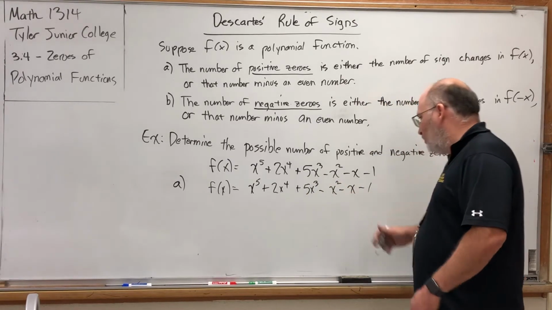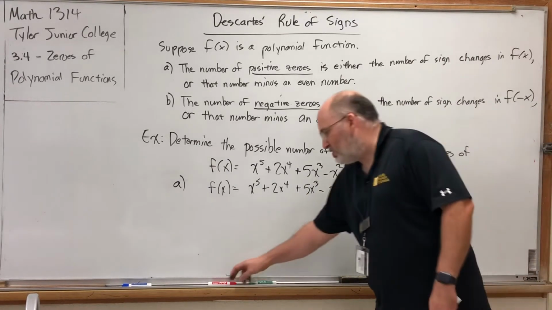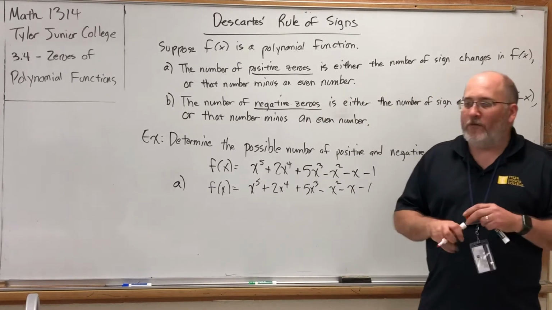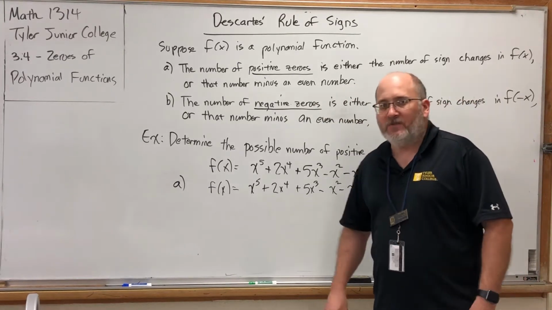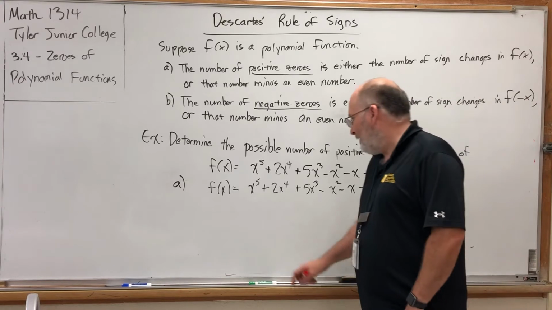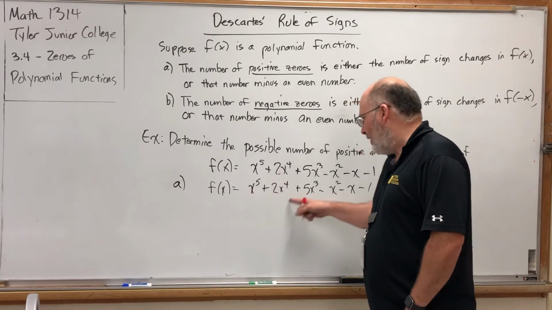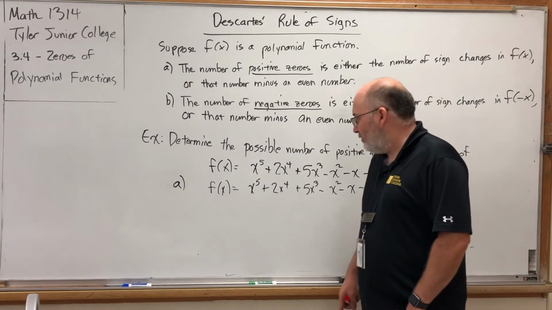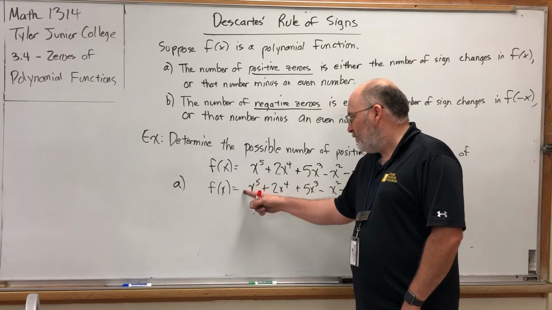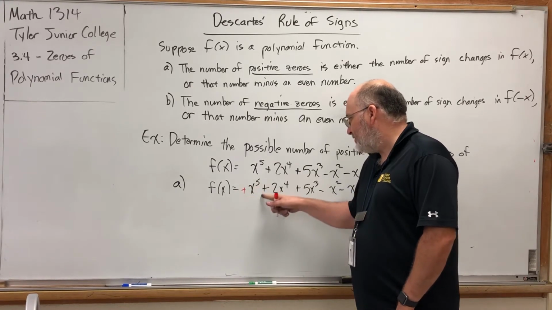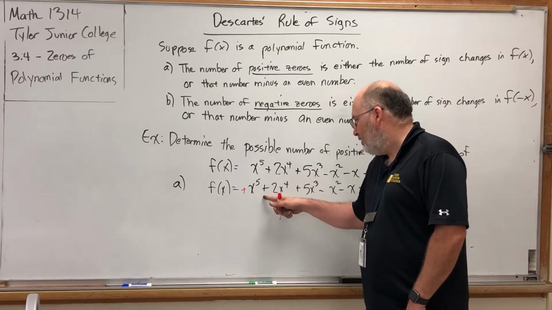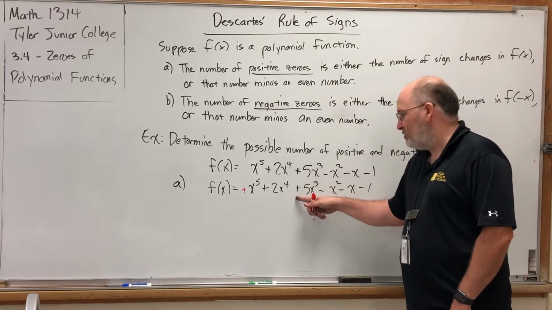So here's the function. By sign changes, I mean the number of times that the coefficient switches between being positive and being negative. So for example, as we move across, make note of the signs. This first coefficient is positive, as is the next. No sign change there. As is the next. No sign change there.